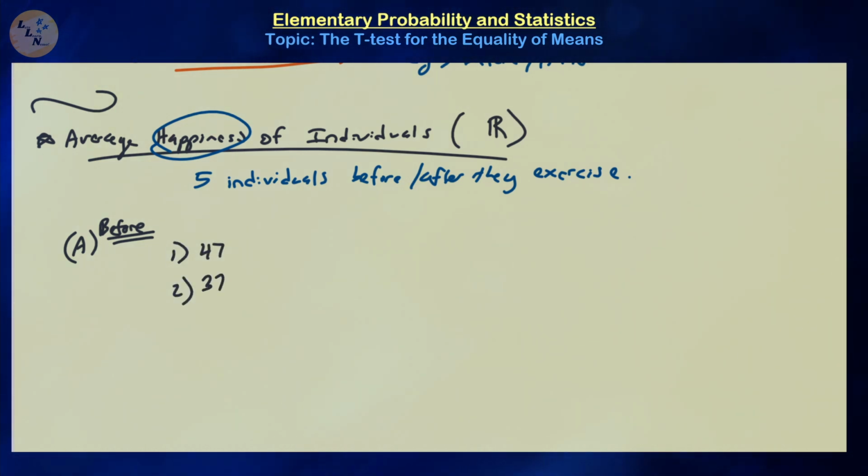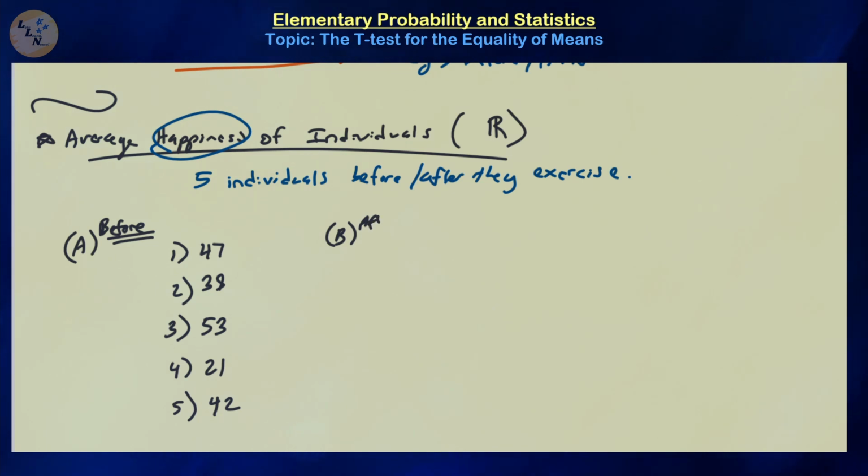The second person has a happiness level of 38. The next one has a happiness level of 53. Let's do 21, and let's do 42 for the last. Population B is going to be after they exercise. Let's look at their happiness and see what happened to them. So 1, 2, 3, 4, and 5.